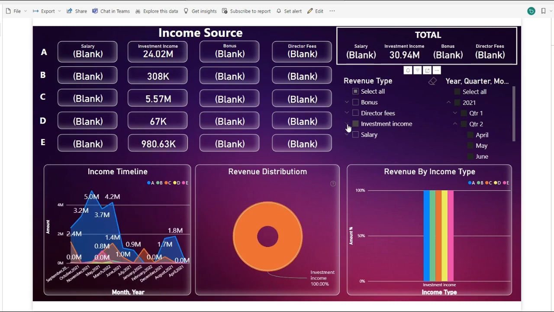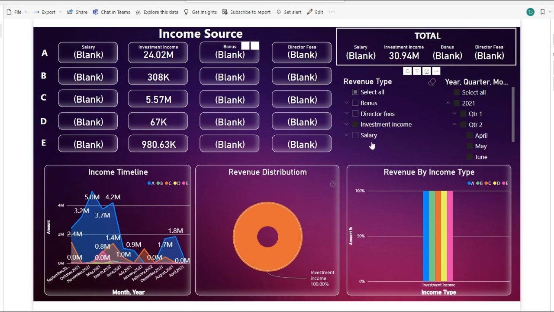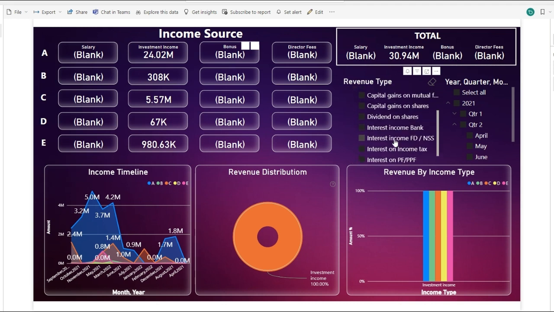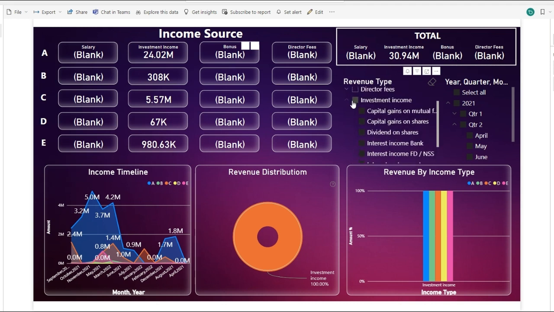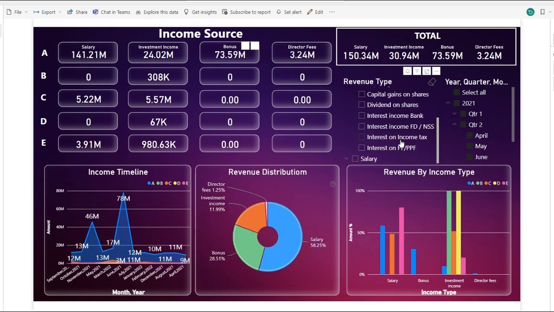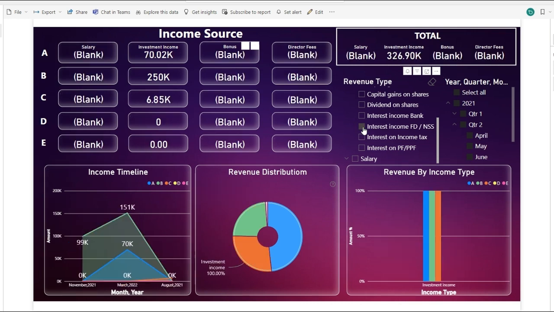Further, if you want to go deeper inside the investment income into the subcategories, then by clicking on the drop-down list, you can see various subcategories in the investment income. For example, if you want to find the amount of interest they have generated on FD interest, by clicking on FD, you will get the amount they have generated on FD interest.